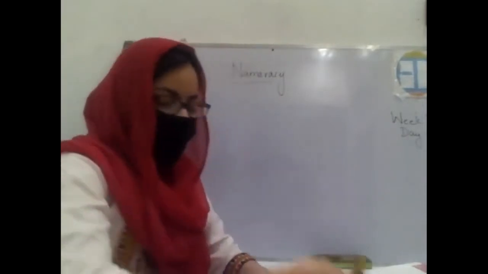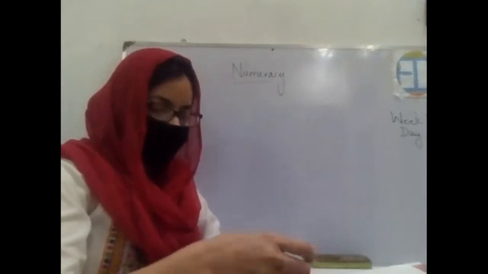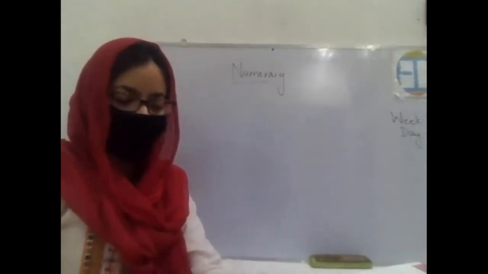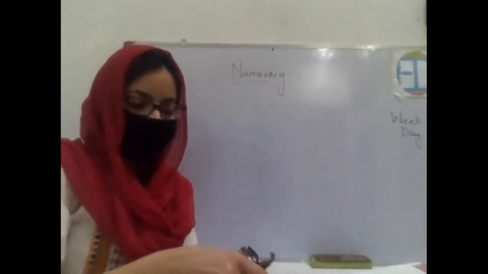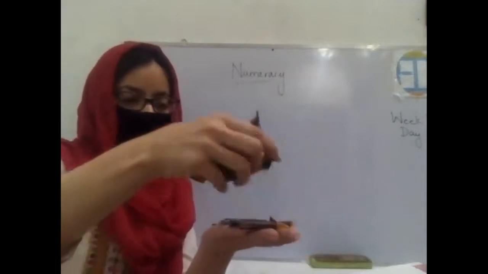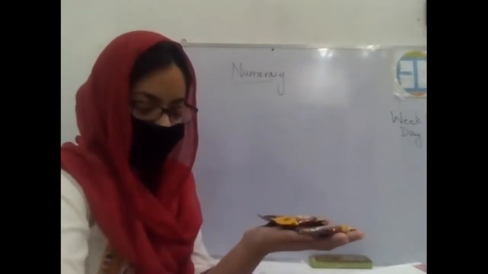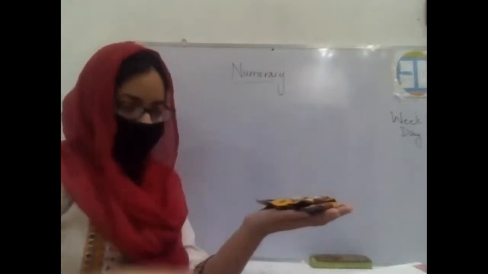Okay. Now let's say, look at this. See, over here I have, how many chocolates do I have? Let me count them. One, two, three, 4, 5, 6, 7, and 8.